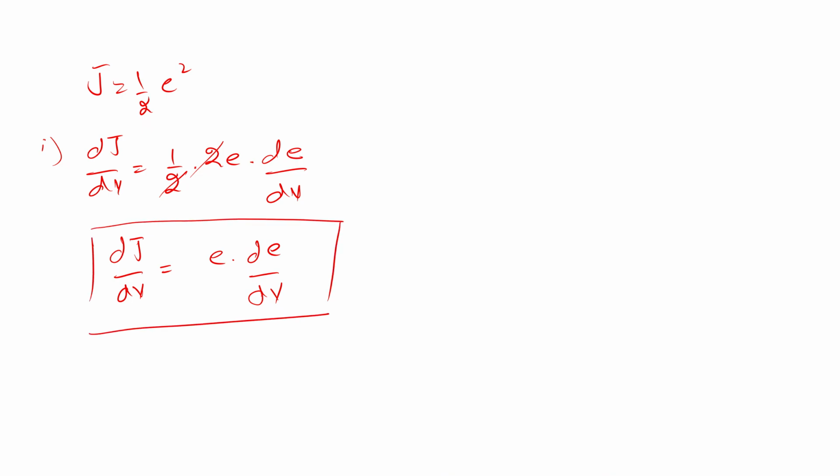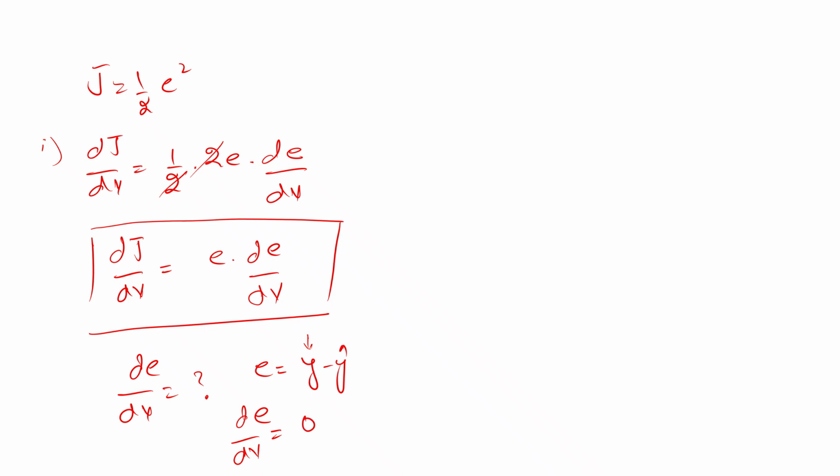Now the question is, how do we find the value of this derivative? We know that E is y minus y hat. So the derivative of E with respect to v will be, now y is constant, right? It will be constant at all moments or instances.